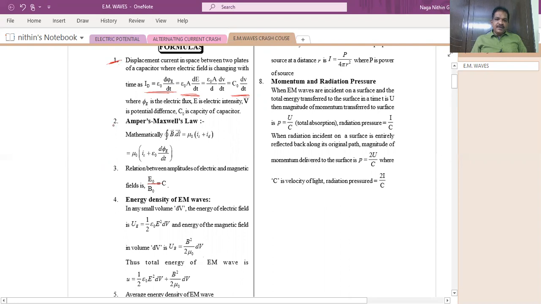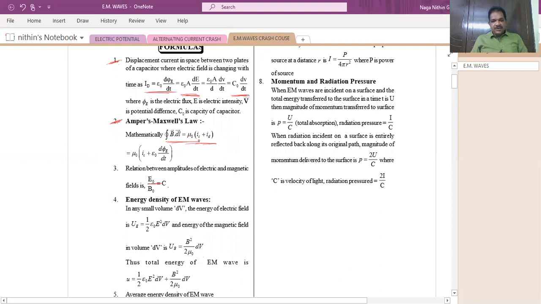Next, Ampere's law, which you already know: integral B dot dl is equal to mu naught I. Maxwell modified Ampere's law a little and introduced the Ampere-Maxwell law. The mathematical form is integral B dot dl equal to mu naught into (IC plus ID).